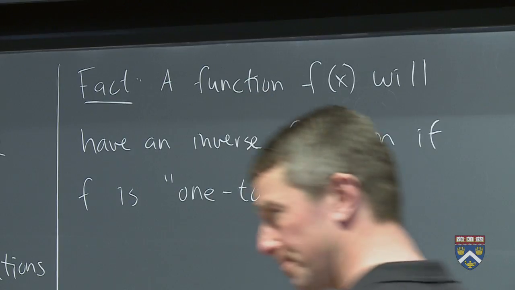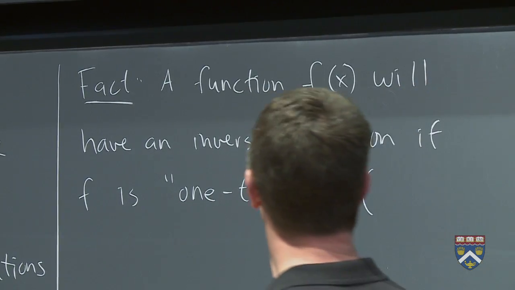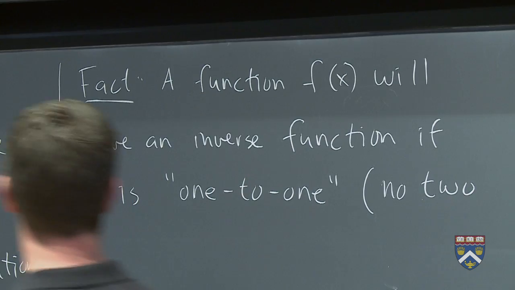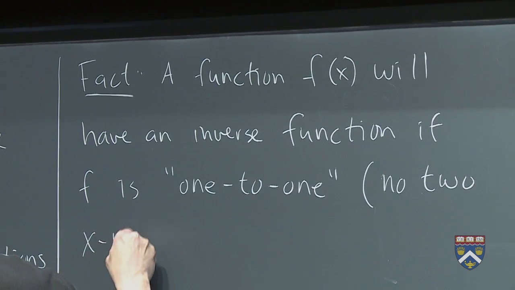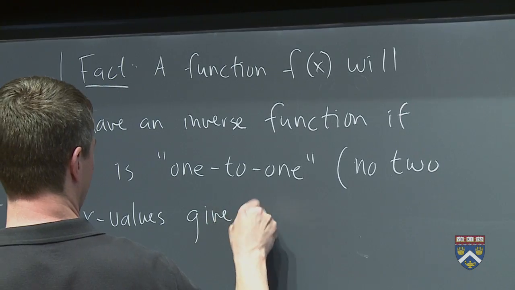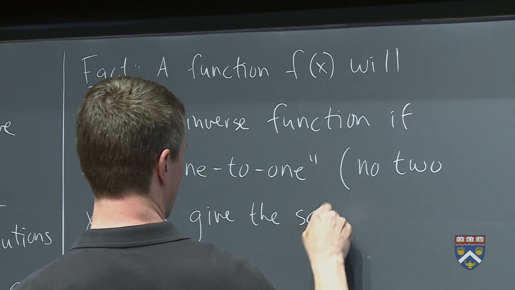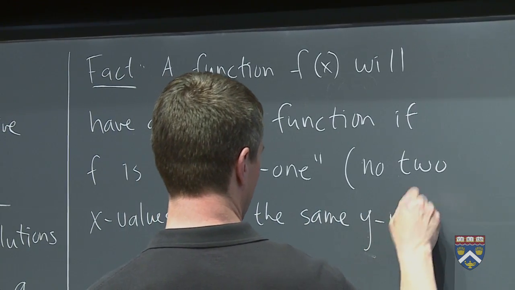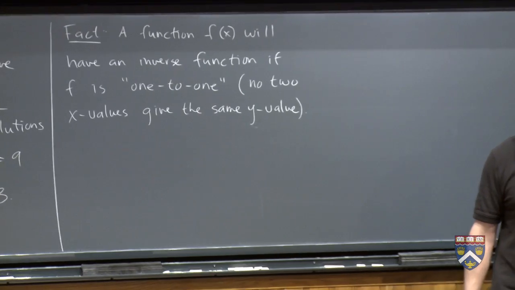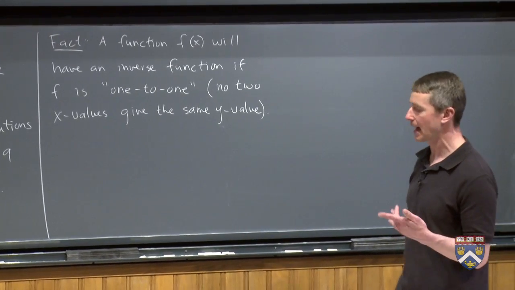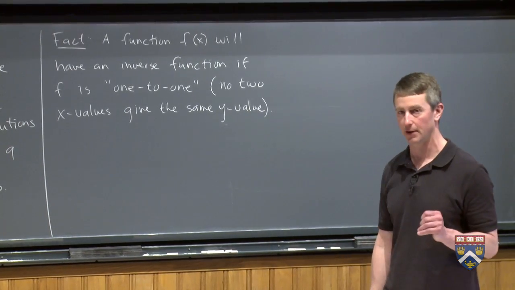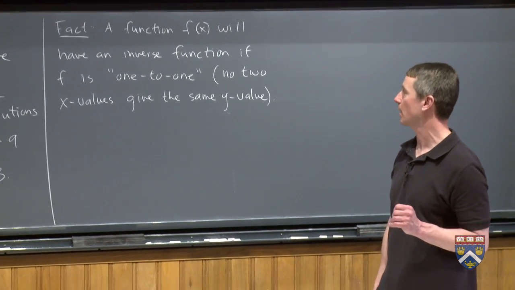And the informal way of defining 1-to-1 is that no two x values give the same y value. So in order to make the square root function, we needed to make f 1-to-1. We needed to remove all the negative x values so that we didn't have any repeat y values.